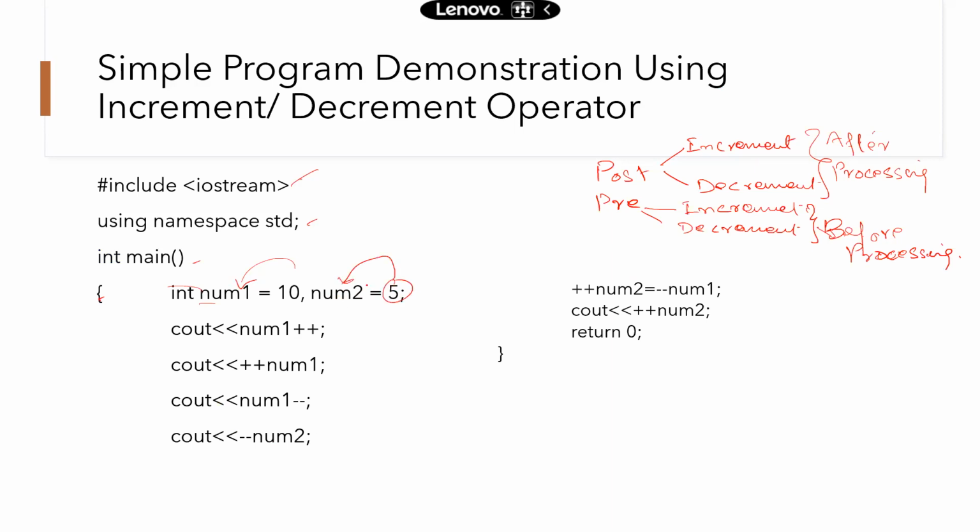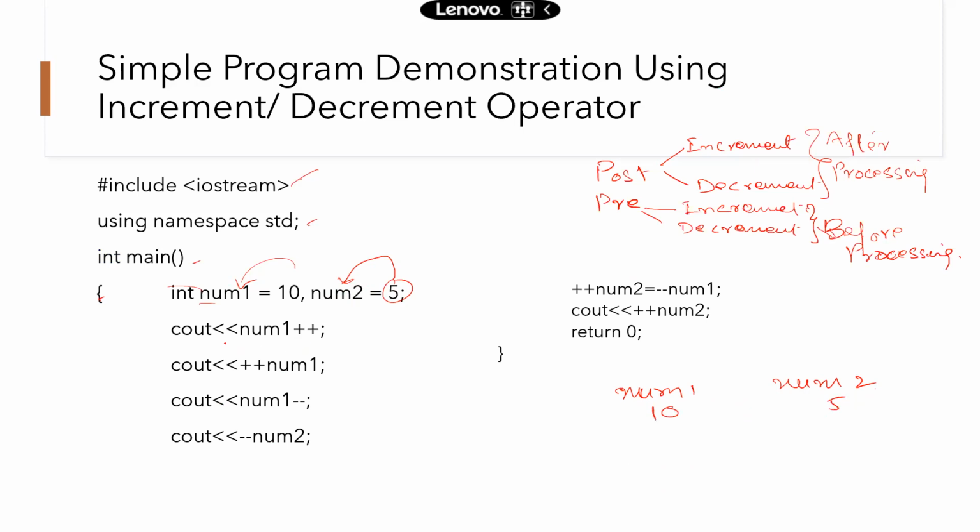So at this point of time, num1 contains the value 10 and num2 contains the value 5.